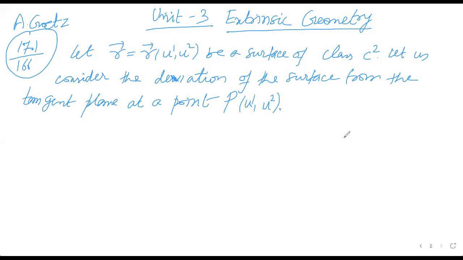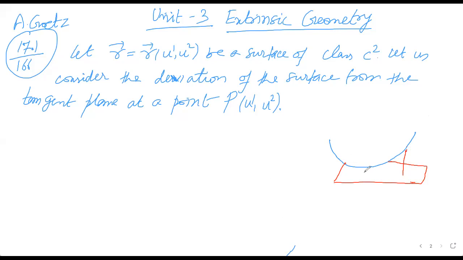It means what? You have some surface, suppose I am taking like this, and it is moving like this, and it has some deviation. At point P you have some tangent. Suppose here I have the tangent plane, and the surface is deviating from this tangent plane.